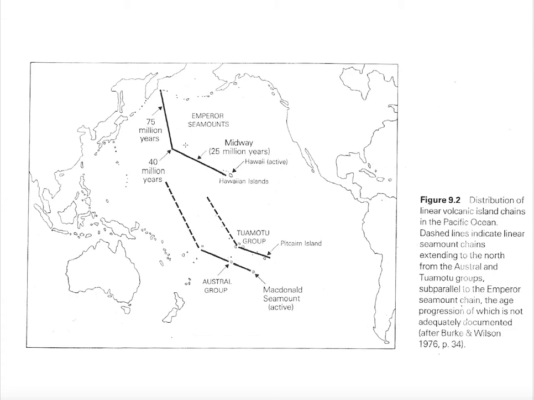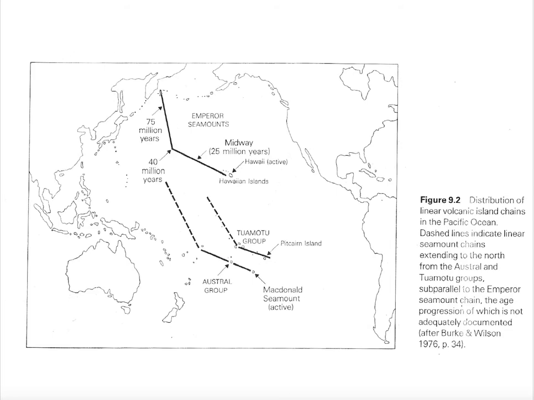Here we have the Emperor seamounts, and here we have then the Hawaiian Islands, yeah. Can you see it here? There are the Hawaiian Islands, and you know the Hawaiian Islands, they are hotspot volcanoes, yeah. And there we are starting here with the Emperor seamounts at the top, 75 million years ago.